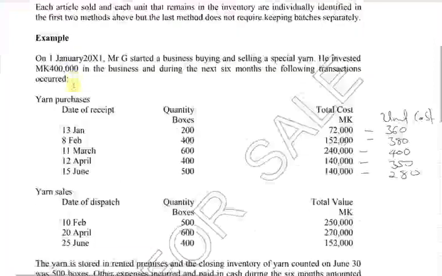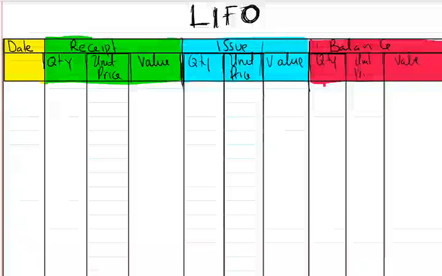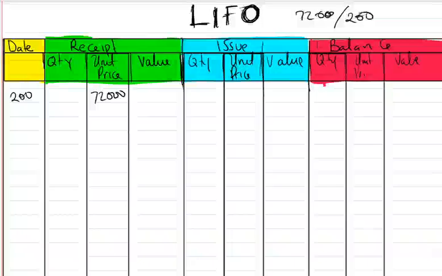We'll start with the first transaction on 13 January, where they bought 200 boxes at 72,000. So the unit price will be 72,000 divided by 200, which is 360.